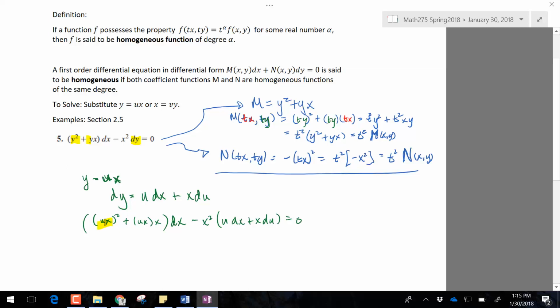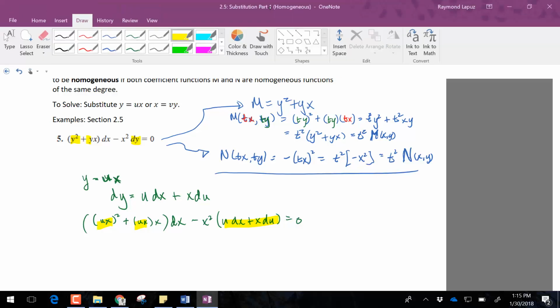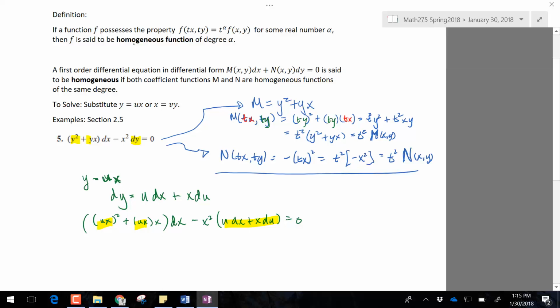Doesn't look easier. So those are the highlighted terms from before that get replaced with our substitution. It's supposed to be easier. Let's see if we can work it out and see if we can eventually solve for this.